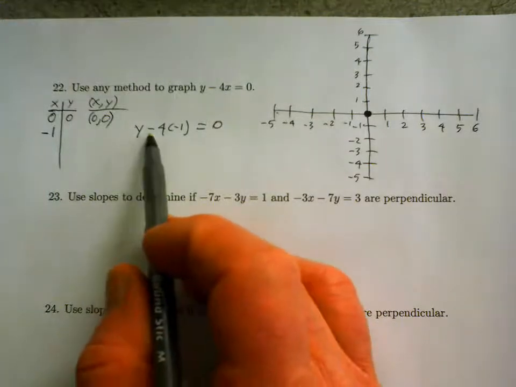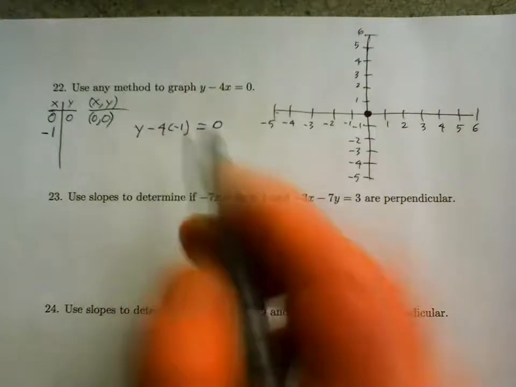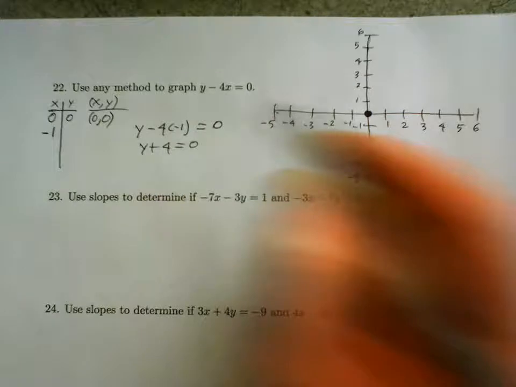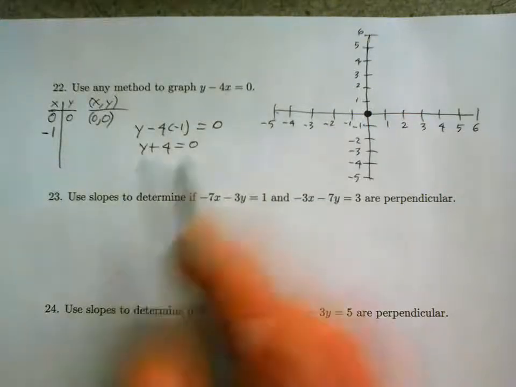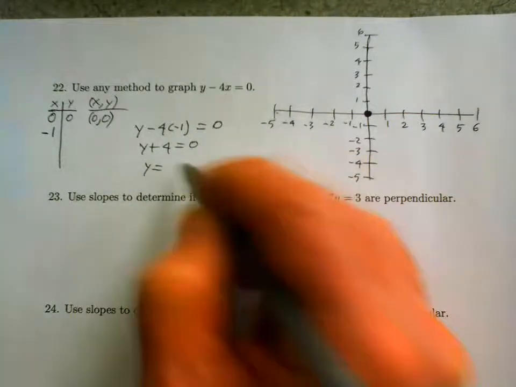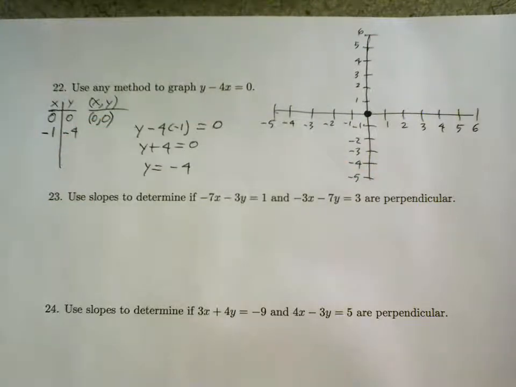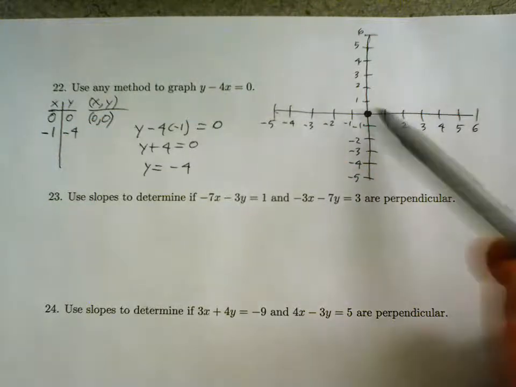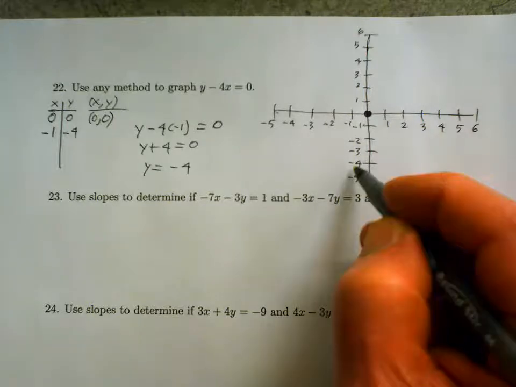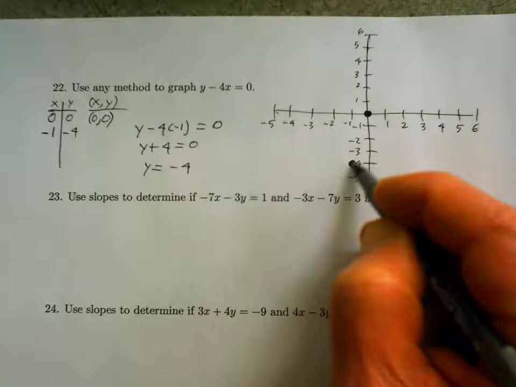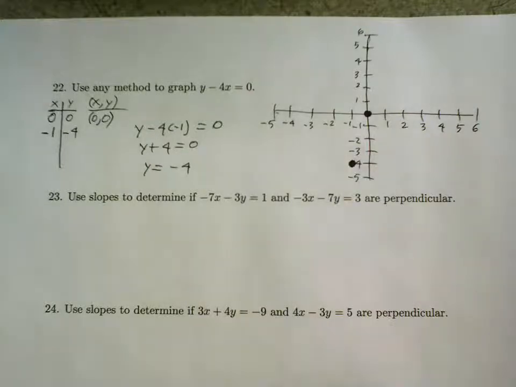Y minus -4. This is the same as y plus 4 equals 0. And then solve for y. We get y equals -4. So the ordered pair -1, -4 is a point on the graph. Does that make sense?